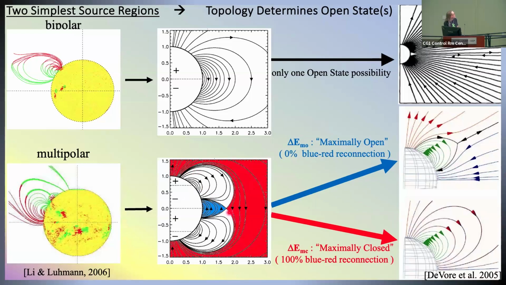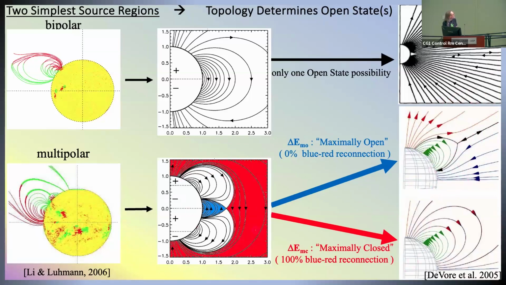This separatrix here has become deformed, but it still exists. Now that separatrix is here. And so this is dividing the closed field from the open field. I've now got a current sheet up here, and I've got another one down here, sort of exactly equivalent. So this is a higher amount of energy than the other version.